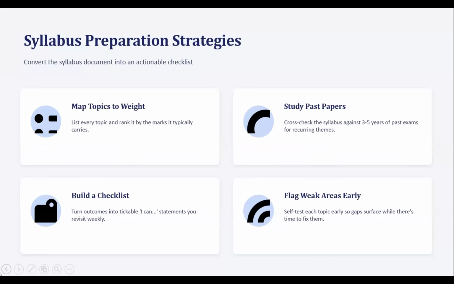Now, how do you deal with the gaps? Once you have realized that I am weak in this particular area, you can allocate more time in your revision, or it can be a predisposition that you need to work on.